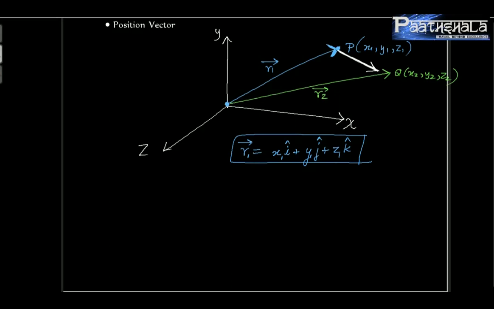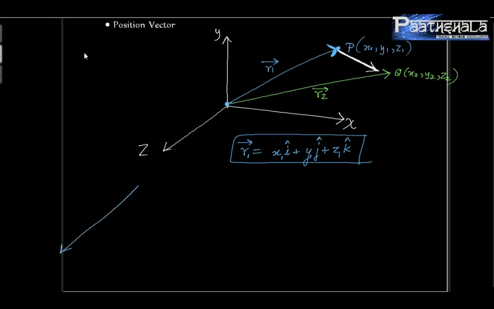Okay, the answer is very simple and straightforward. To understand how the line segment PQ is going to be denoted, look here, I'll draw a vector diagram that is very easy to understand. I will reverse the vector r1, so it will look like this.